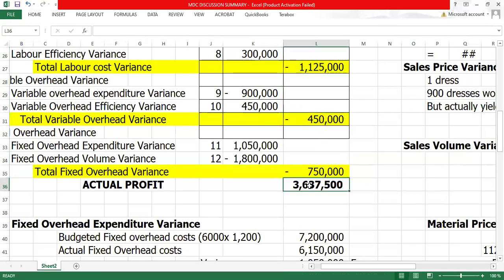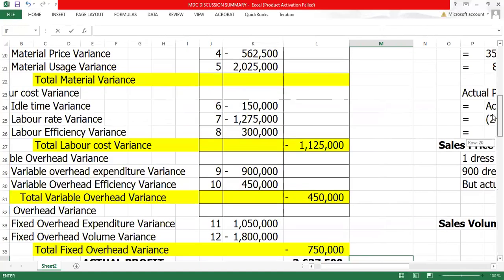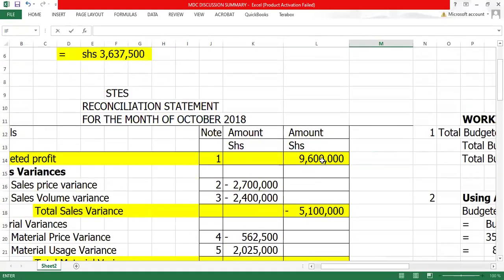If you don't get this, know that you're wrong, but don't cancel, because by the time you reach here, just move on. When you find that things have not reconciled, move on. So let's see. Now you need to get this figure plus. If a figure is negative, make sure that on your calculator you put negative.